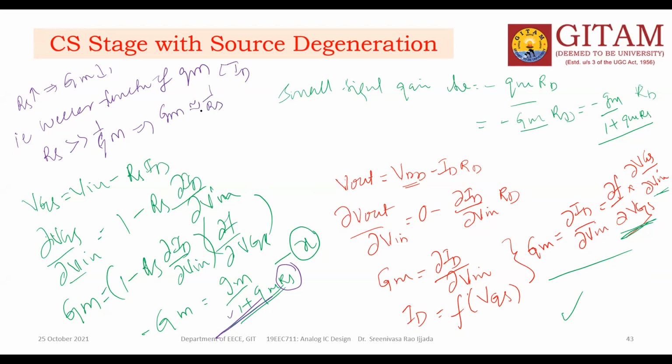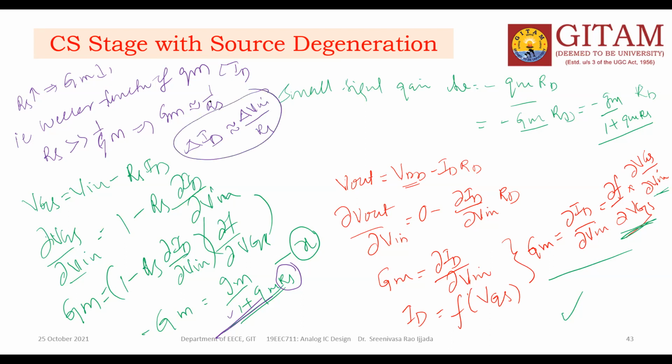So what it means? The change in ID is approximately equal to change in Vin divided by RS, that's it.